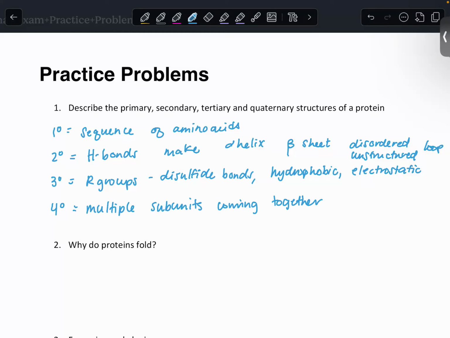No? No one? Okay. Hydrogen bonds are going to be one of them. Can anybody name another one? Hydrophobic is going to be another one. There's one more. It is electrostatic. So those are our 4 levels of protein folding.